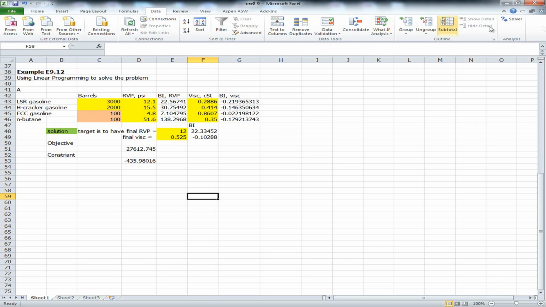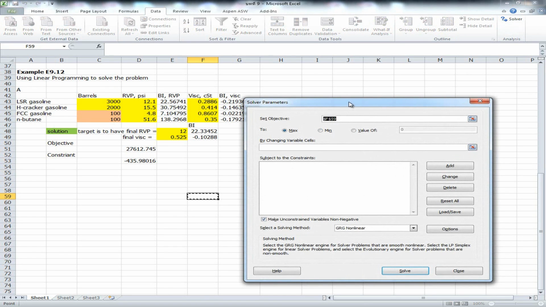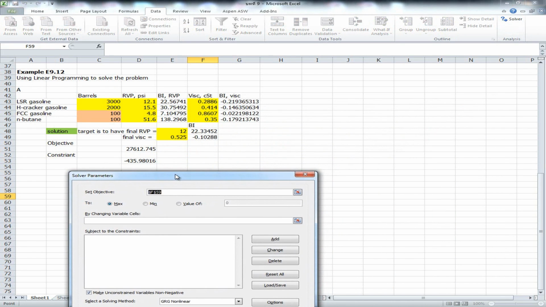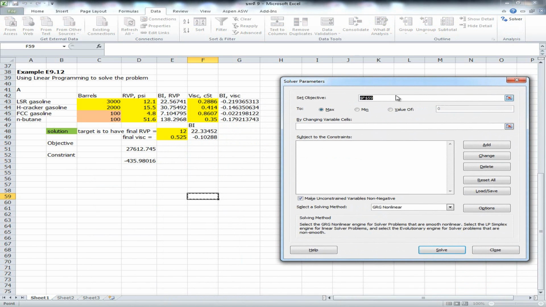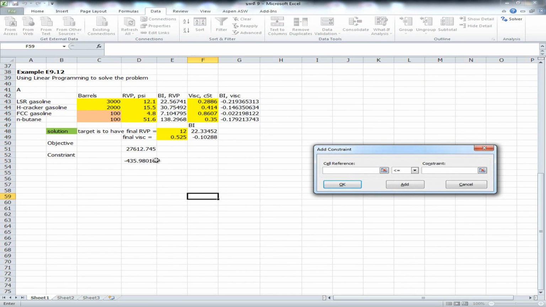So go to Data and then go to Solver, and the objective is this, and we will set that equal to 0 by changing these two values, and then add the constraint here, which is that this will be equal to 0 as well.